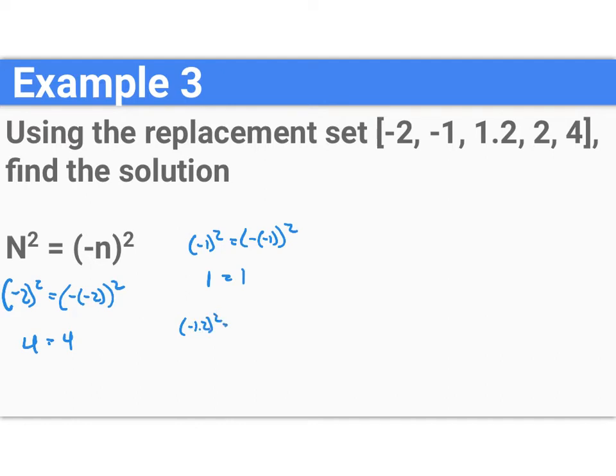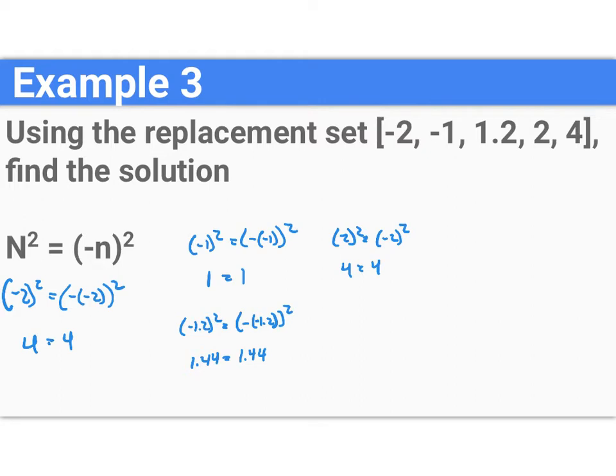(-1.2) squared equals the opposite of -1.2 squared. 1.44 equals 1.44. So that works. I think all of these are going to work. 2 squared equals the opposite of -2 squared. 4 equals 4.